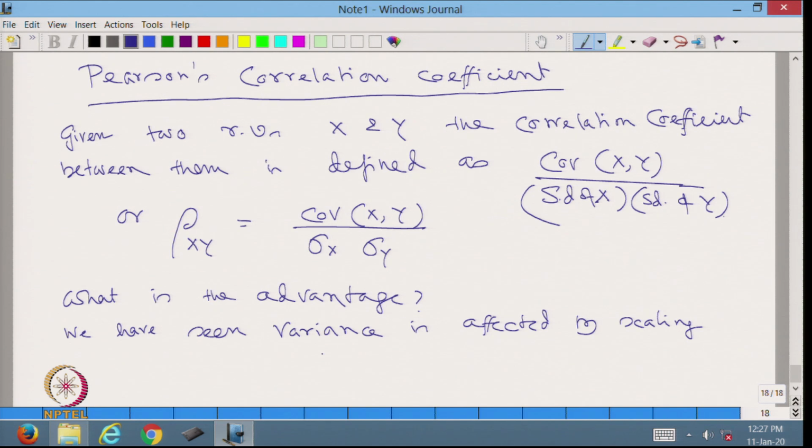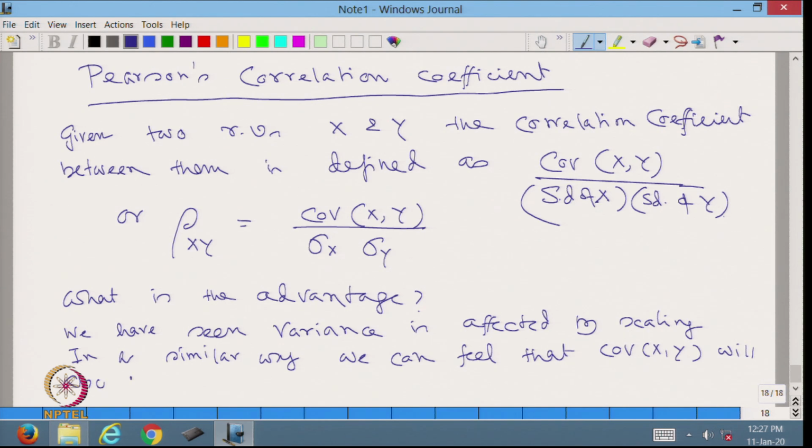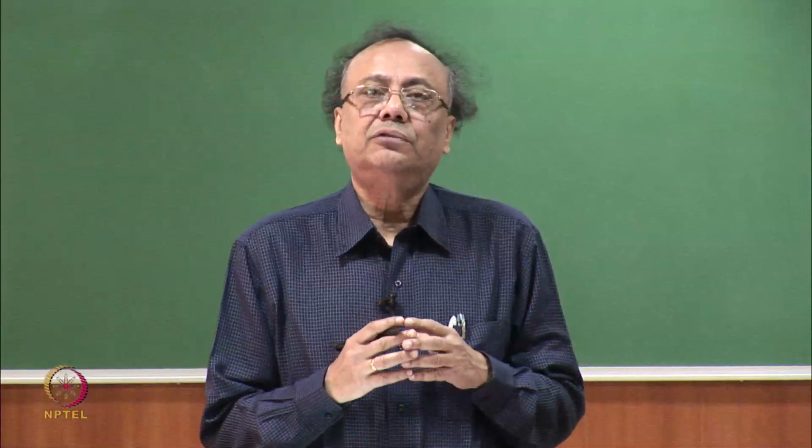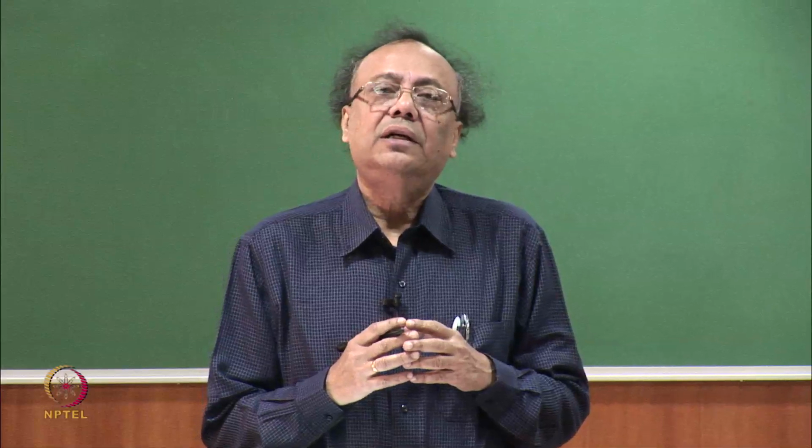In a similar way, we can feel that covariance of x y will also be affected by scaling. That makes comparison or association of two random variables a little bit difficult.